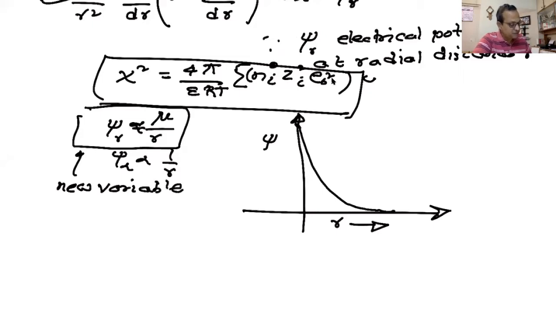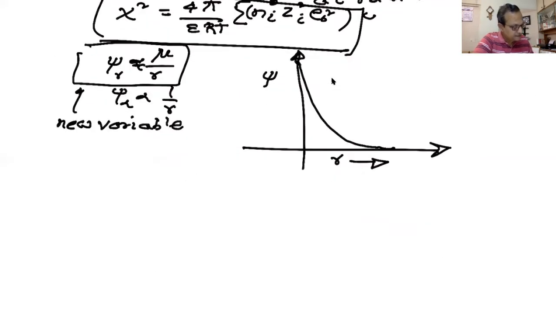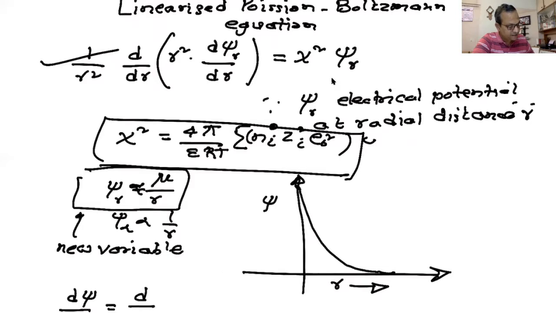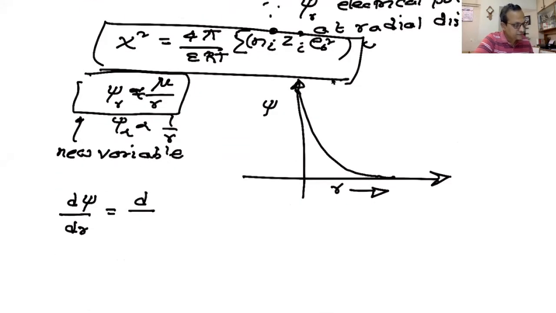Okay, obviously I have to substitute this in this equation, and what I need is d psi by dr. I need this derivative here. So I'm going to evaluate the derivative d by dr of mu by r.